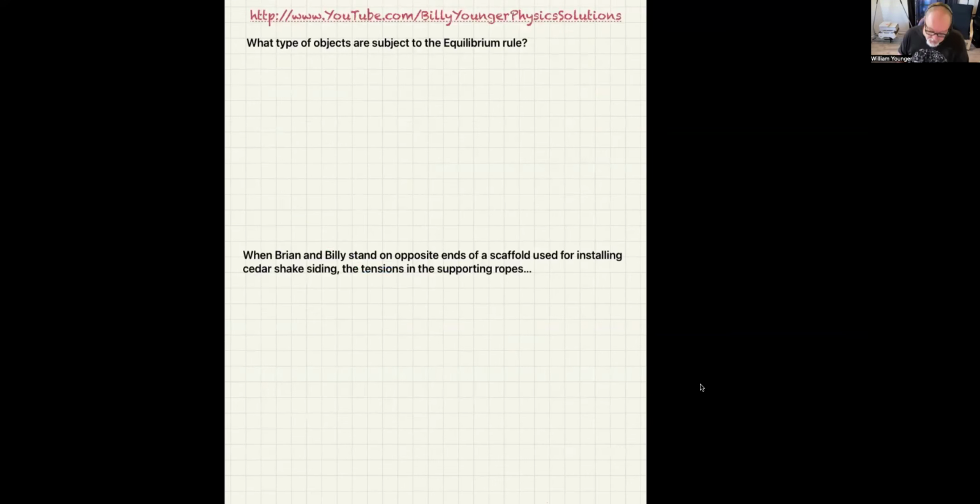What types of objects are subject to the equilibrium rule? This again is an open-ended question, but the main point is the equilibrium rule is this: the summation of all the forces acting on an object or a system is equal to zero.